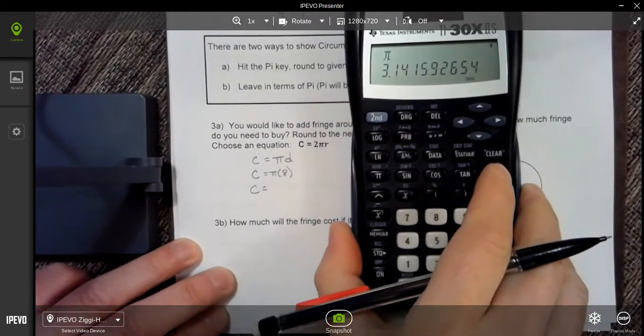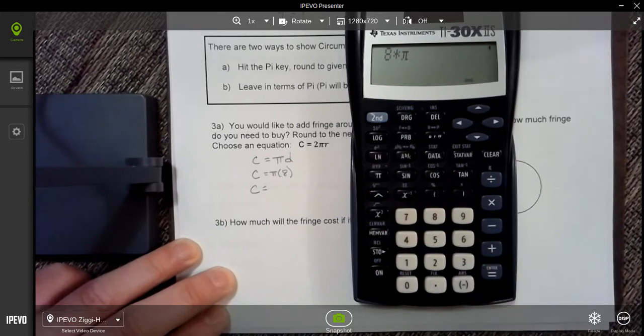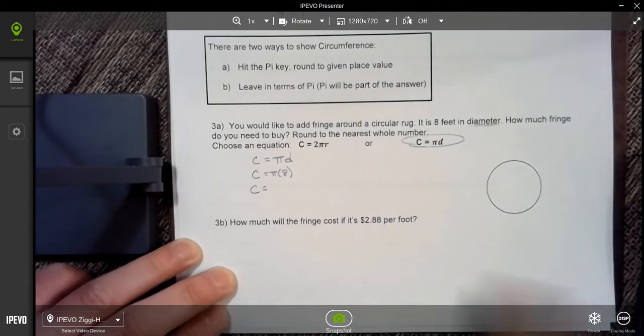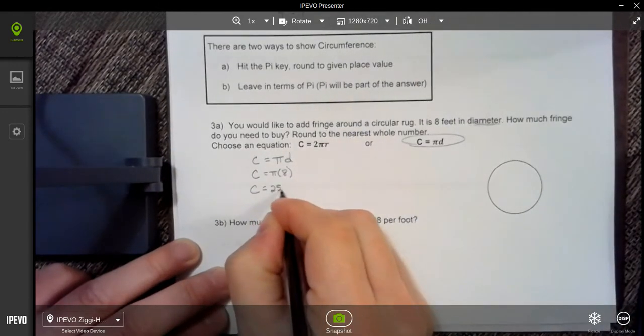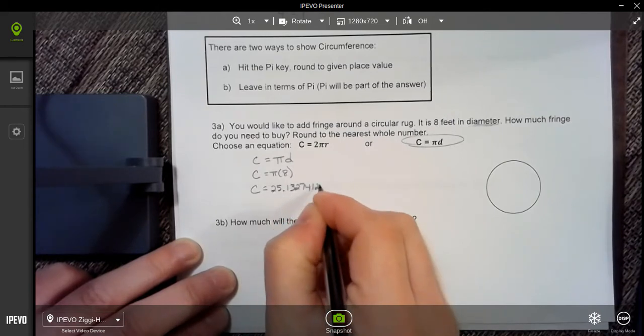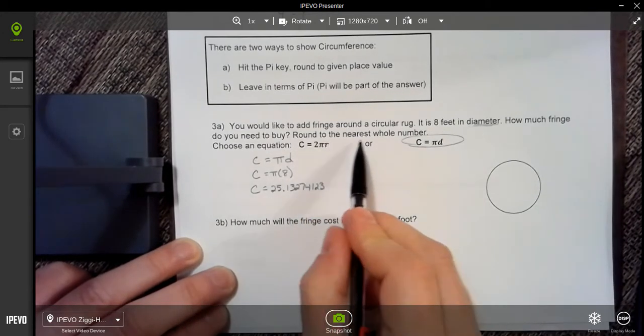So I'm going to pull out my calculator here. I'm going to punch in 8 times pi. And I'm going to write out all of those decimals right now, so write those down on your paper as well. We have 25.13274123. Now we're at the part of the question where we can round. They asked us before to round to the nearest whole number.